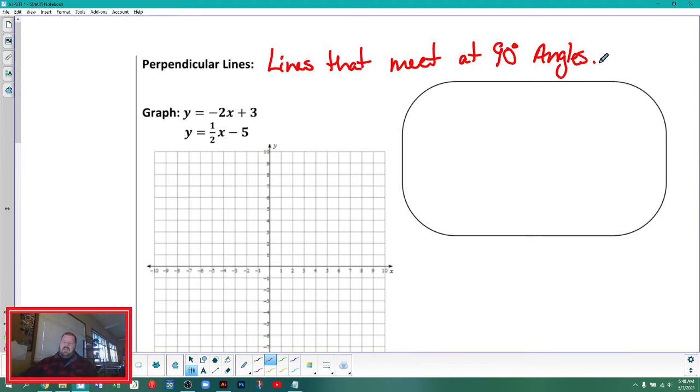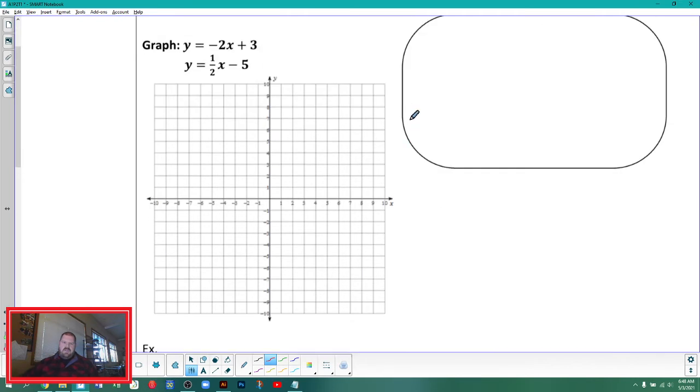Let's take a look at these two lines. The first one I have starts at 3, goes down 2 and over 1, down 2 over 1, down 2 over 1, and it'll continue doing that. I'm just going to do this the hard way.